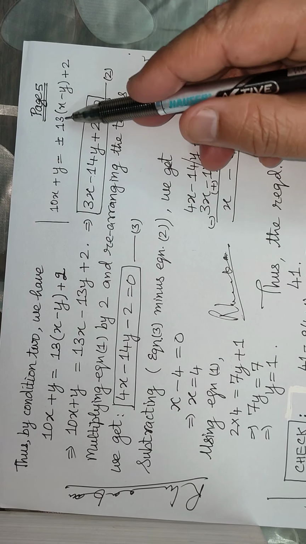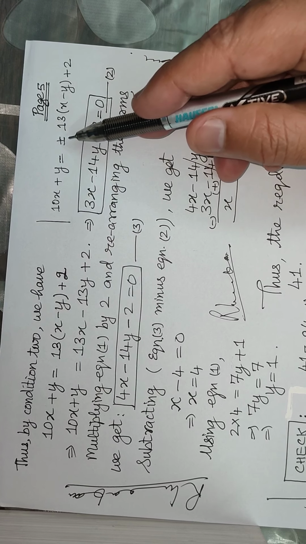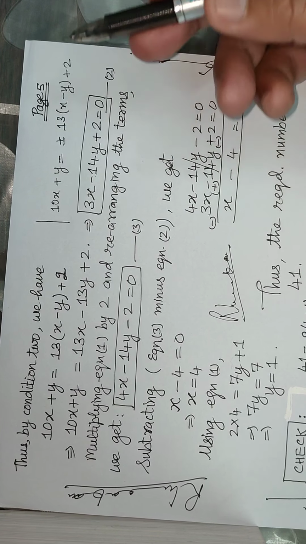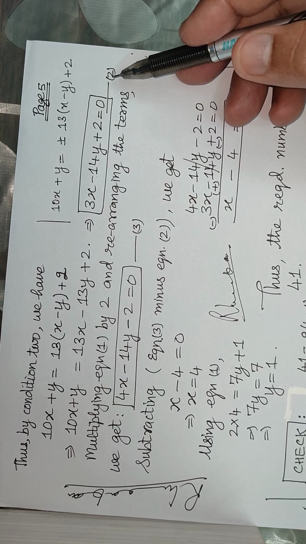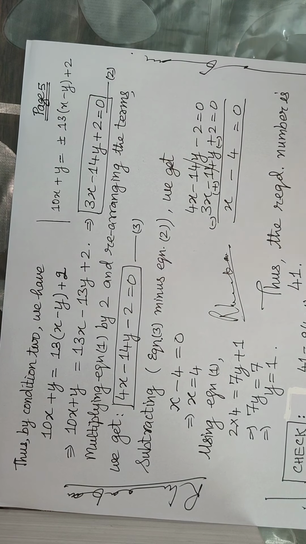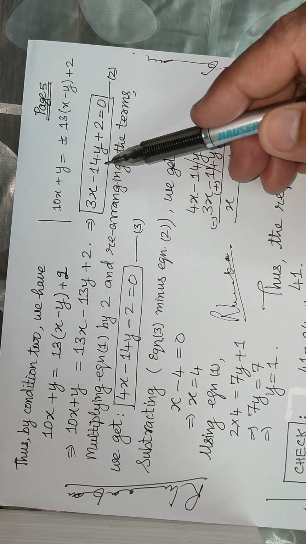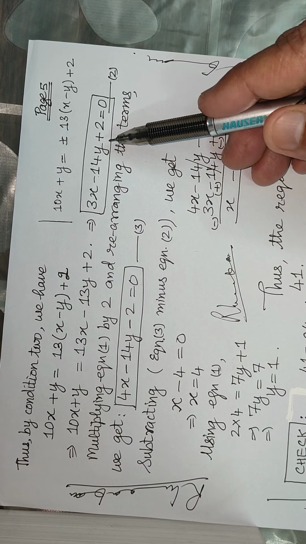Now, once you will open this bracket with the plus sign, and the second time around you will open this bracket with the minus sign, you will get two different equations for equation 2. And in that situation, you will have to solve with the first equation one of these two equations.